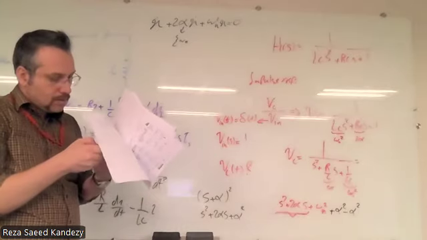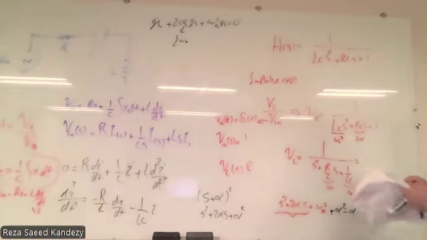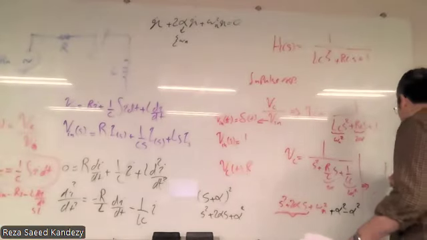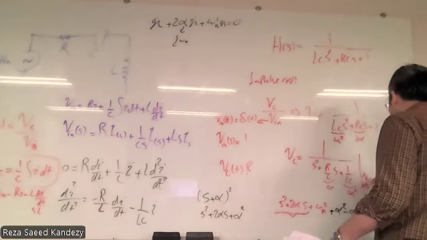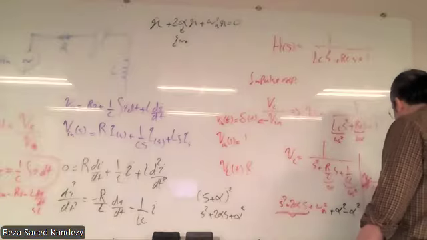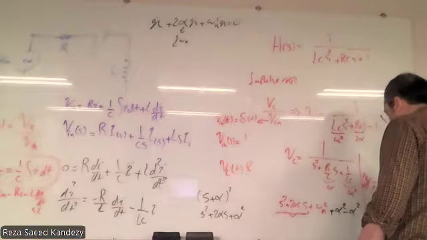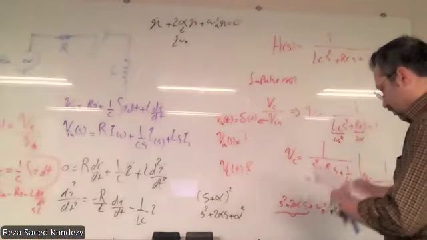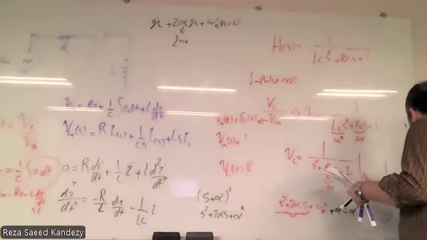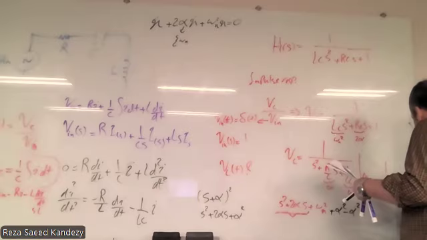That means my transfer function, or my output right now, is going to be 1 over s plus alpha squared plus omega n squared minus alpha squared.